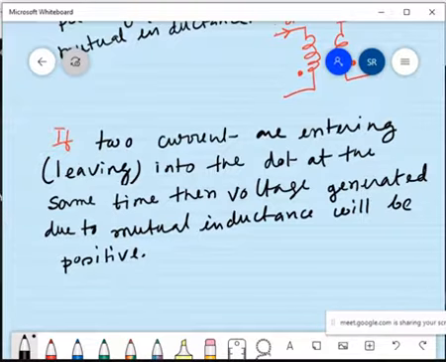If two currents are entering or leaving into the dot at the same time, then the voltage generated due to the mutual inductance will be positive.